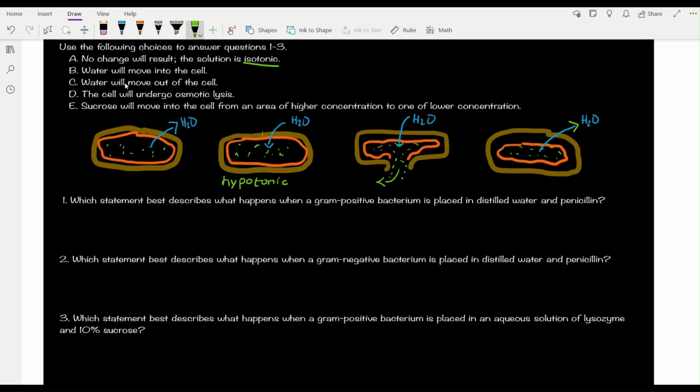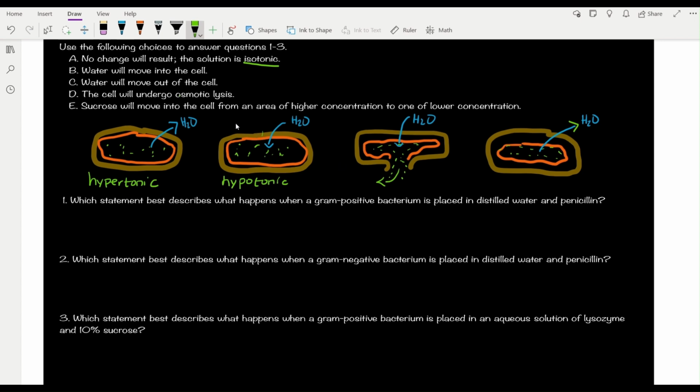We have C, water will move out of the cell, and that's the image number 1, and that is hypertonic. D, the cell will undergo osmotic lysis, and that's image number 3. While water is moving into the cell, we have an expansion of the cell, causing the cell to break, to lyse, to weaken the cell, which would cause the contents to come out of the cell.